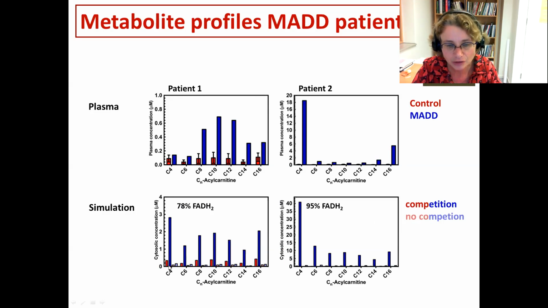In red the controls and in blue the patients, and you see they show pretty well the same pattern, and also they could show the extreme case, a more extreme patient with a very high C4 accumulation and some C16 at the boundaries. If she took the no competition model, as biochemistry should not work, she could not explain this, so then both the control and the patients would remain low. So clearly you need this competition, as biochemistry really works, to explain the patterns in the patients.